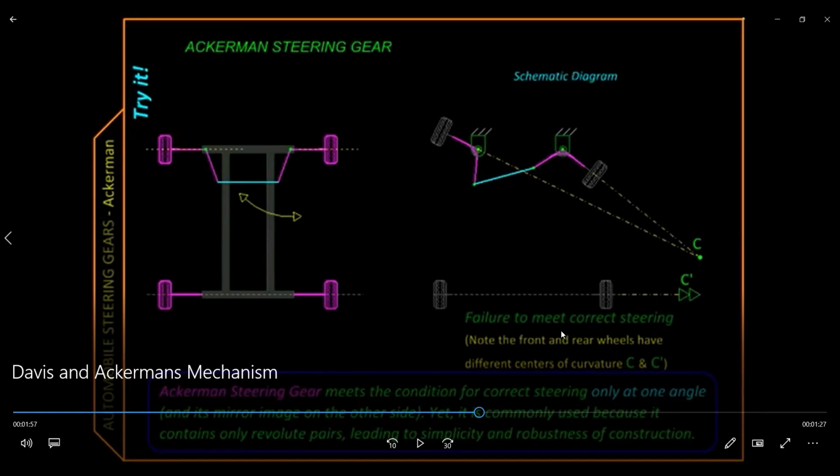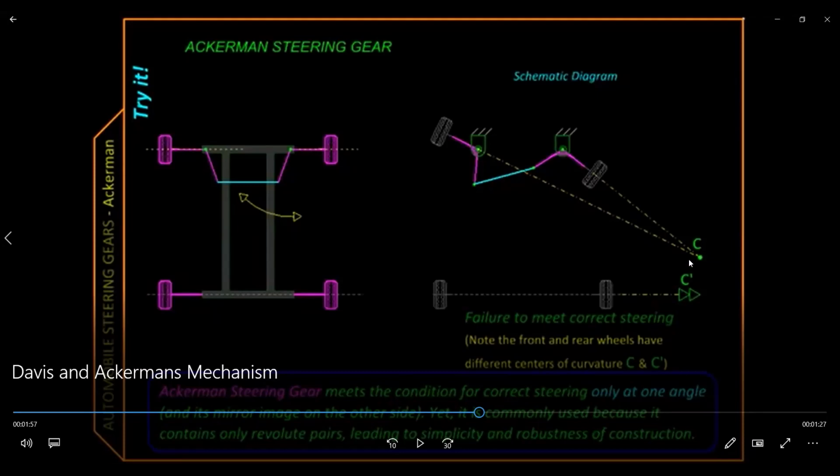Okay, so here you can see that in this case the ICR does not fall at the same place. जो फ्रंट व्हील का जो ICR है और रियर व्हील का जो ICR है उसमें गैप होता है.